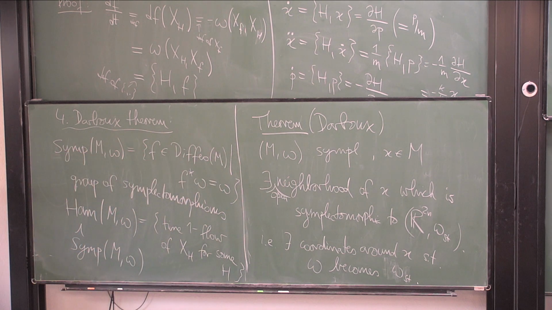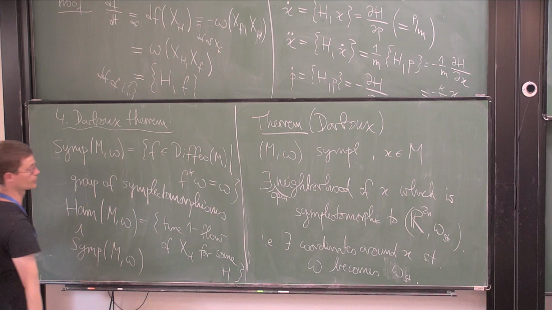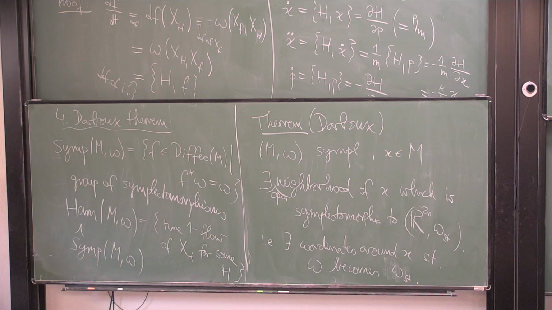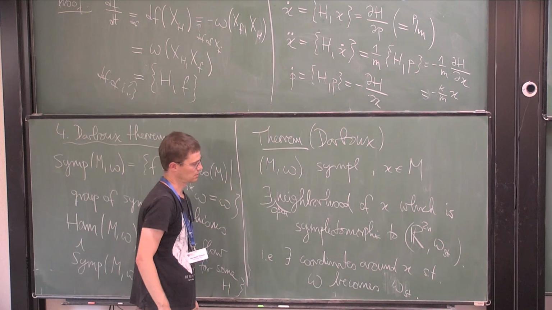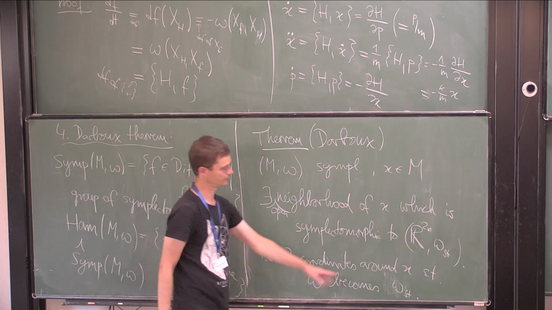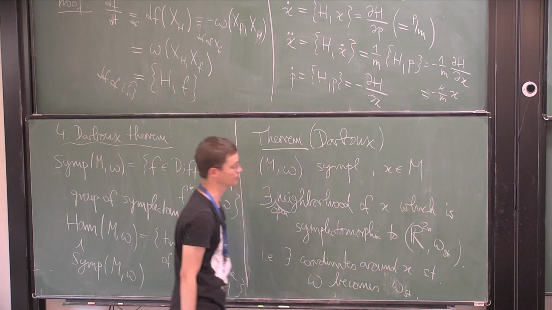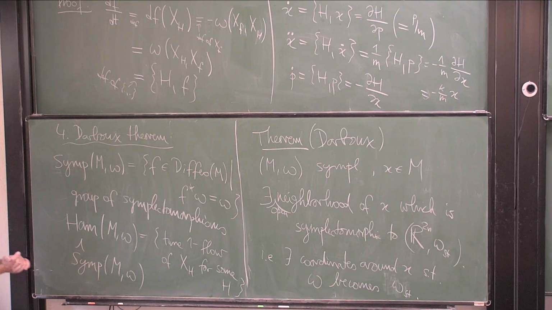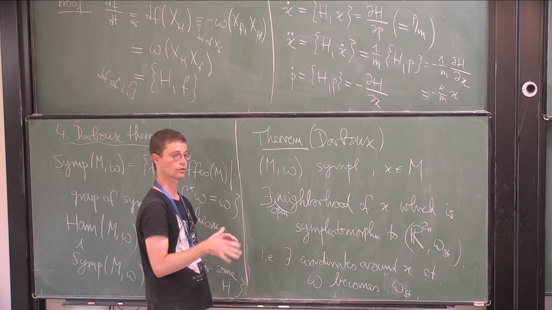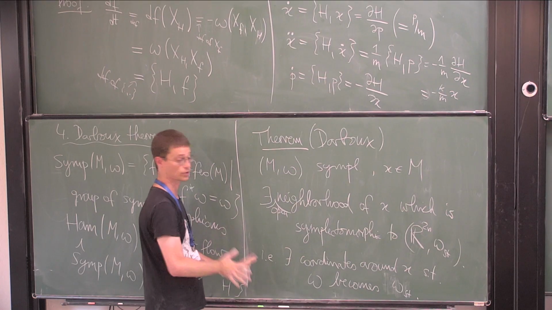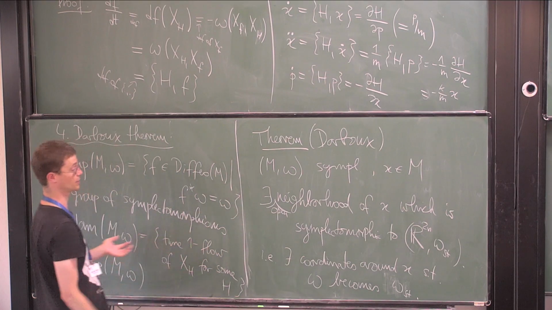Locally, nothing really interesting happens, but globally, you can have more complicated phenomena. In particular, for example, some even dimensional manifolds do not allow any symplectic structures. For example, spheres in even dimensions, like the 4th sphere, the 6th sphere, and so on, are all not symplectic.